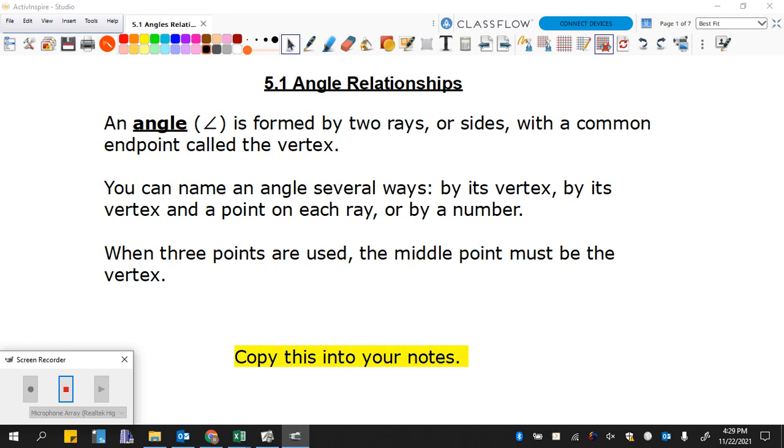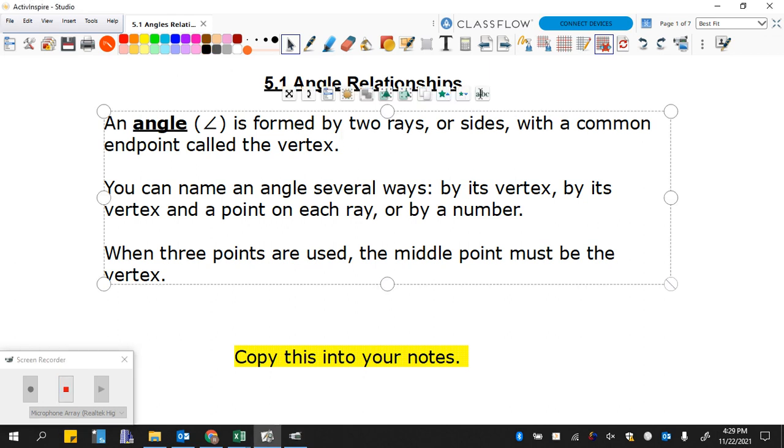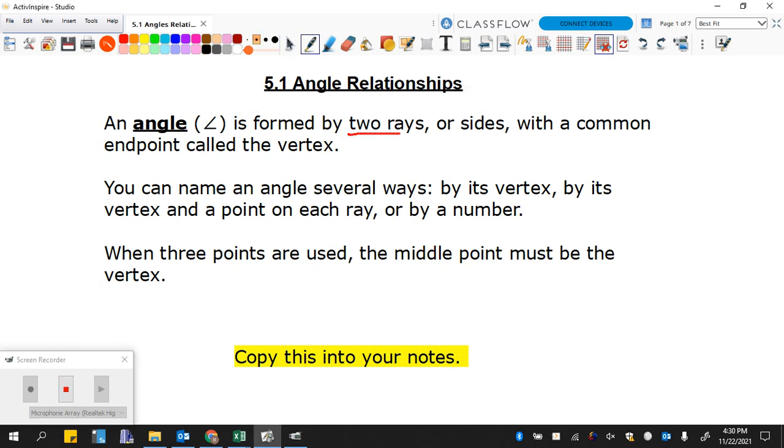All right, in this lesson, we're going to start our unit on angles, by talking about some of the relationships angles have with each other, some of the different parts of angles, and so on. An angle is formed by two rays. If you remember from previous classes, a ray has an ending point and goes on indefinitely in any direction.